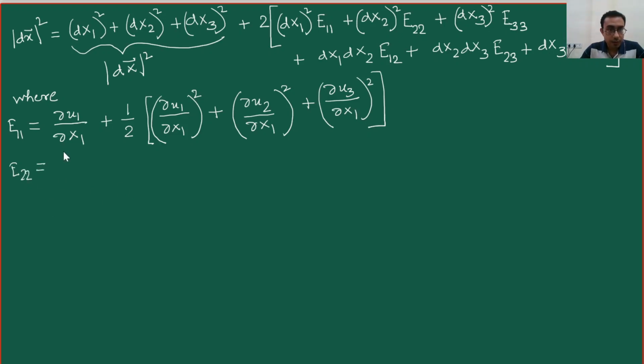E22 is similarly del u2 del x2 plus del u1 again, but this time the derivative with respect to x2.